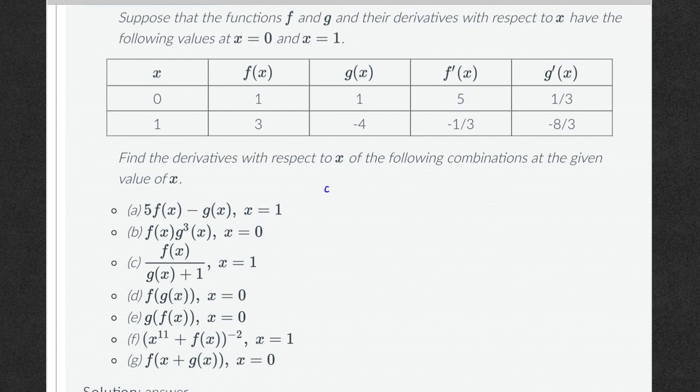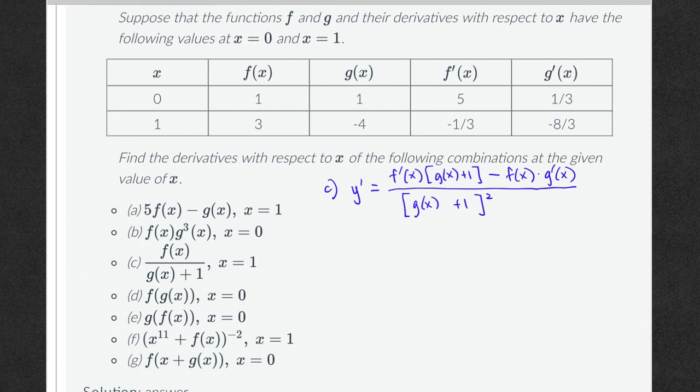Next, part C, y prime. This is a quotient, so we would use the quotient rule. First, we square the denominator. The numerator is f prime of x times the denominator, g of x plus 1, minus f of x times the derivative of the denominator, which is g prime of x, and the derivative of 1 is 0.